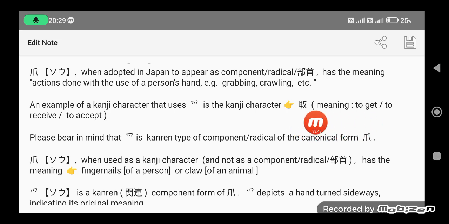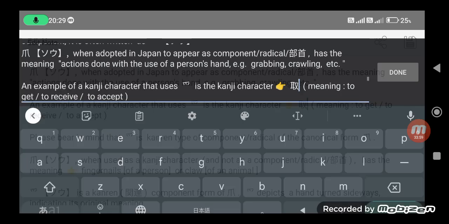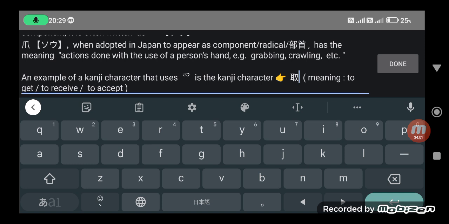Sorry for that. This kanji character toru or shu, meaning to get.